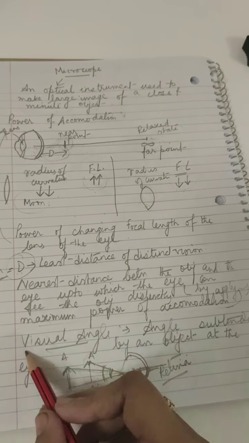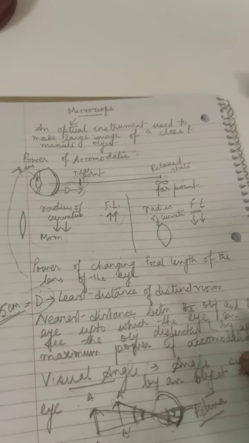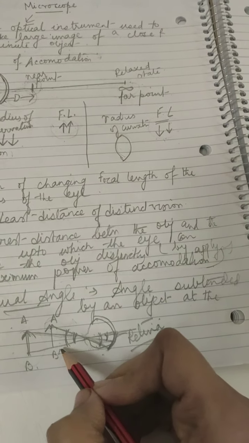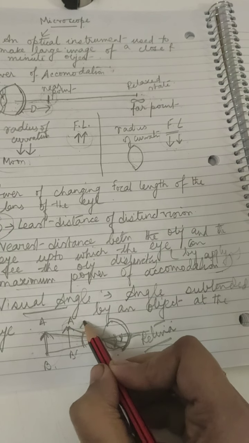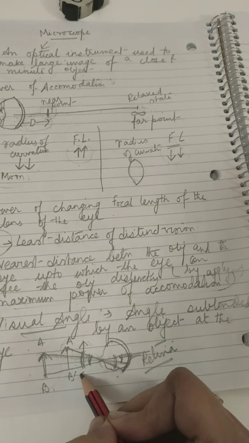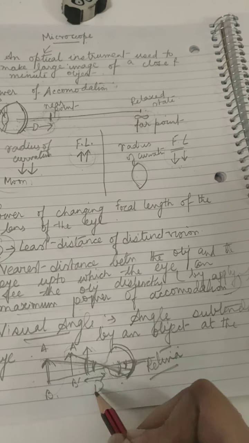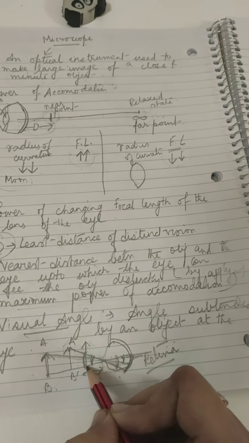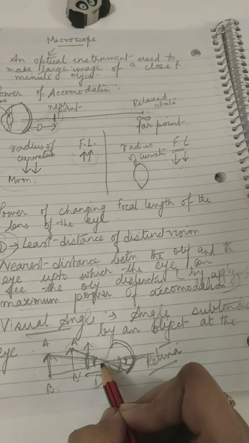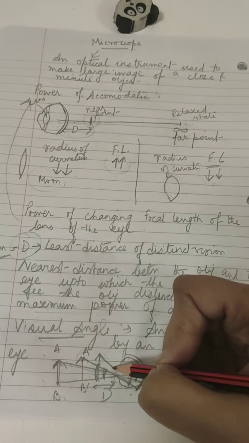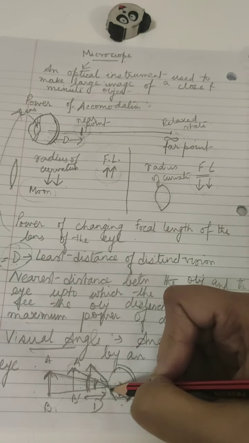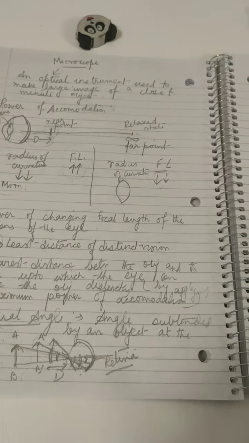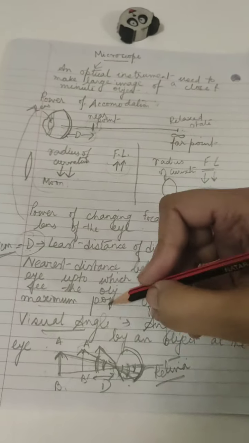Okay. So this is the visual angle, but if I bring the object closer and closer and keep it at d, suppose this distance between the eye and the object is d, I cannot bring it closer than that because the object will get blurred. So for this distance I'm getting the maximum visual angle.